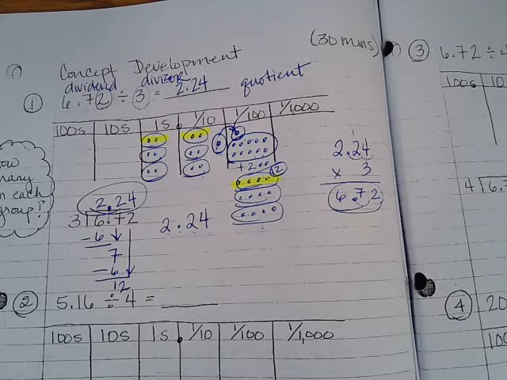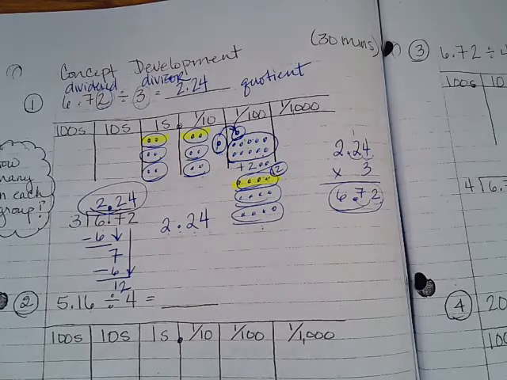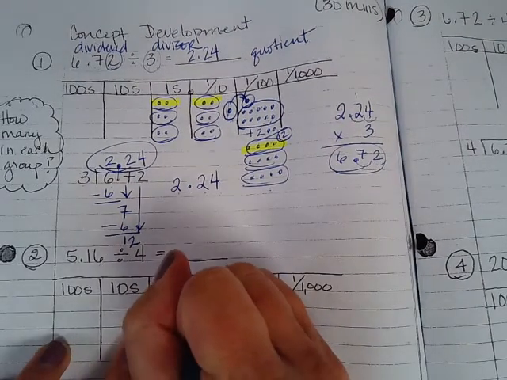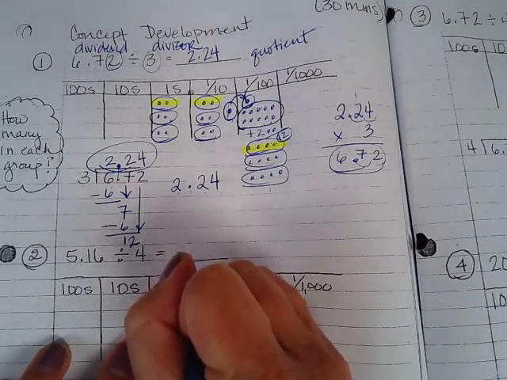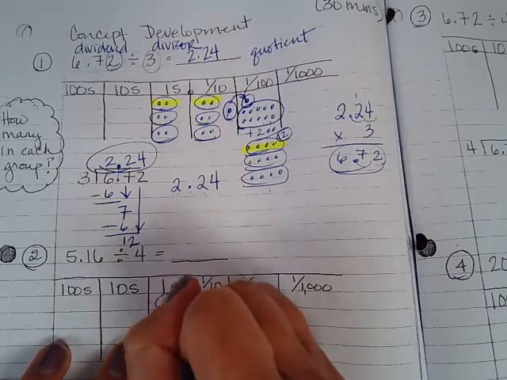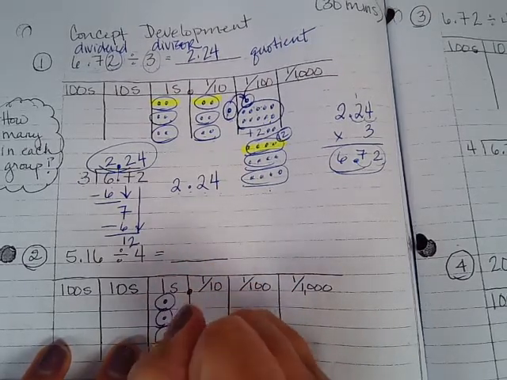Okay, so what do you guys think? Let's try it. So if we say, well, let's divide this into 4 groups. I have a 1, 2, 3, 4.